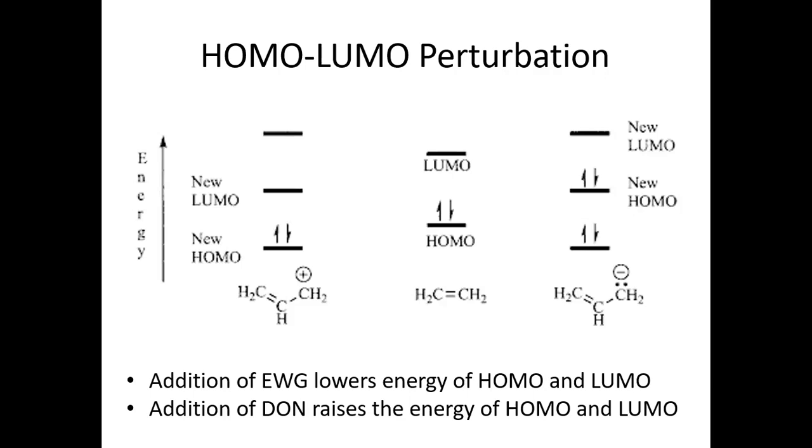And so there's this concept of what we call HOMO-LUMO perturbation, right? Because one of the things about doing reactions between the HOMO and the LUMO of two molecules is you want the HOMO to be as high in energy as possible so it can reach the LUMO of the other molecule.